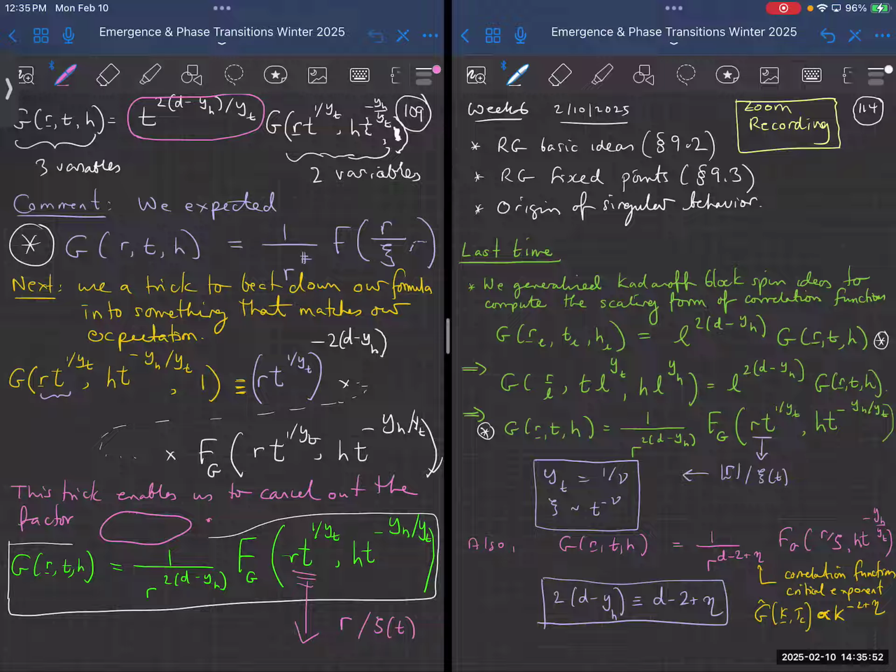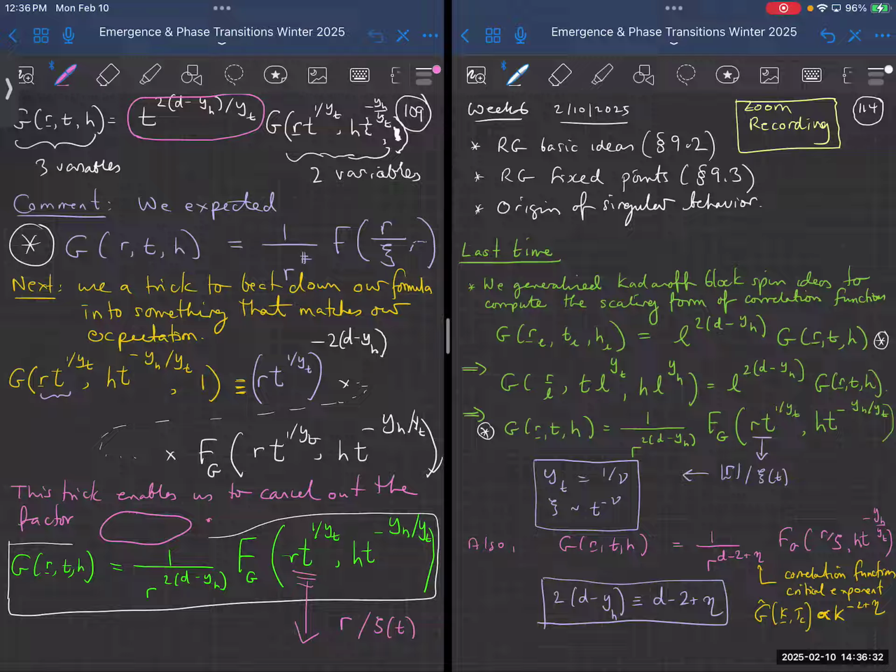If I'm taking a measurement of the correlation function using neutron scattering or X-rays as a function of reduced temperature t and external magnetic field h, for two points separated by a distance r, that scales as r times t to the power 1 over y sub t, times h times t to the power minus y_h over y_t. We derived those scaling forms in the lecture, and there's a prefactor in front which is distance dependent, and that goes as 1 over r to the power d minus y_h.